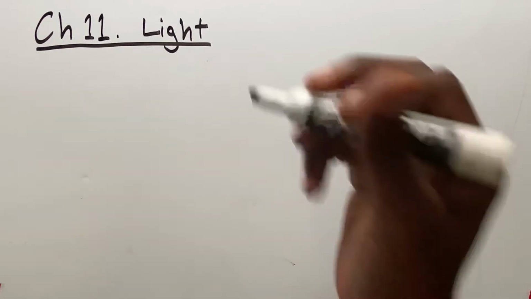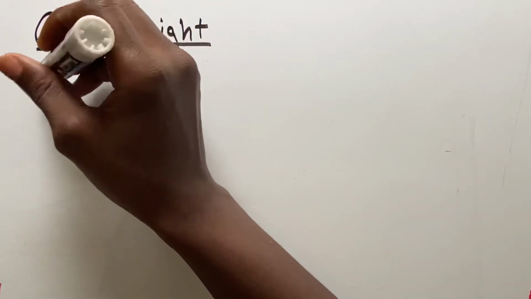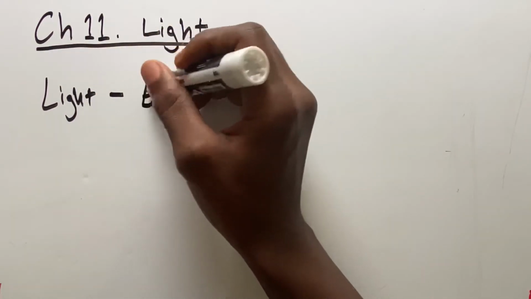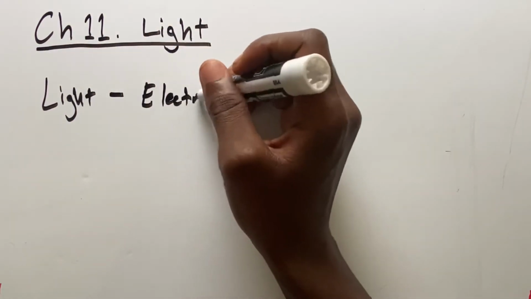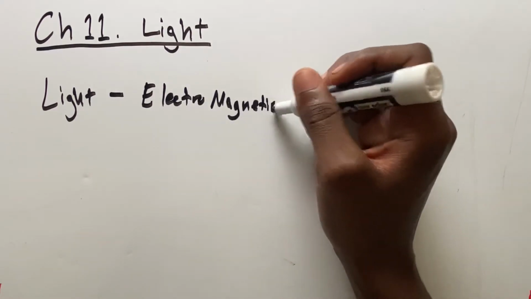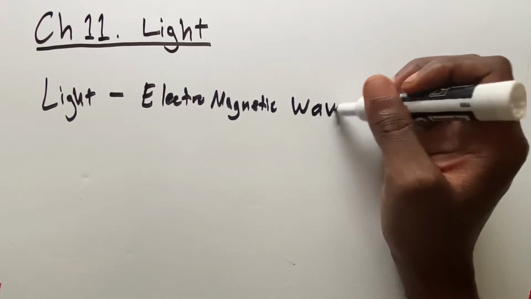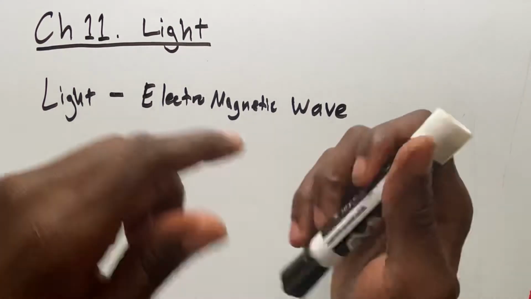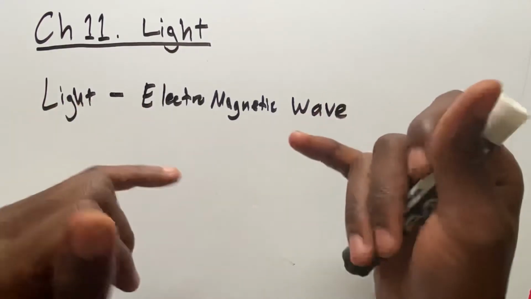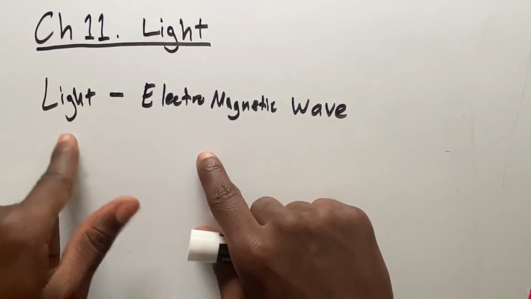So, getting right into it, we know light is basically an electromagnetic wave. So basically, if you induce an electric and magnetic field, then you're basically producing light.